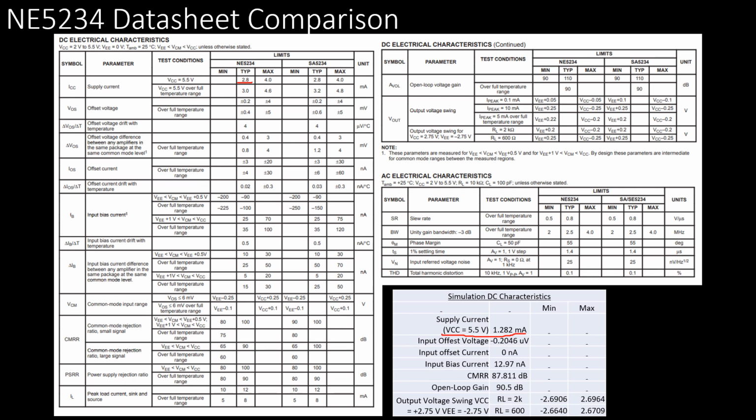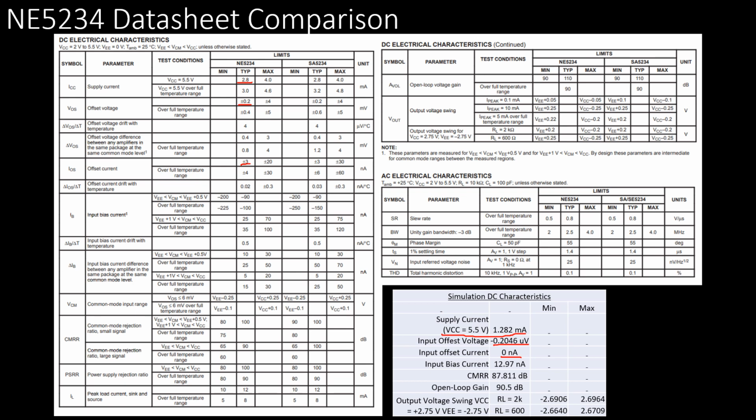The input offset voltage found here and here was also a bit lower for the simulation. The input offset current was basically 0, which was different from the datasheet, which was at about 3 nanoamps.